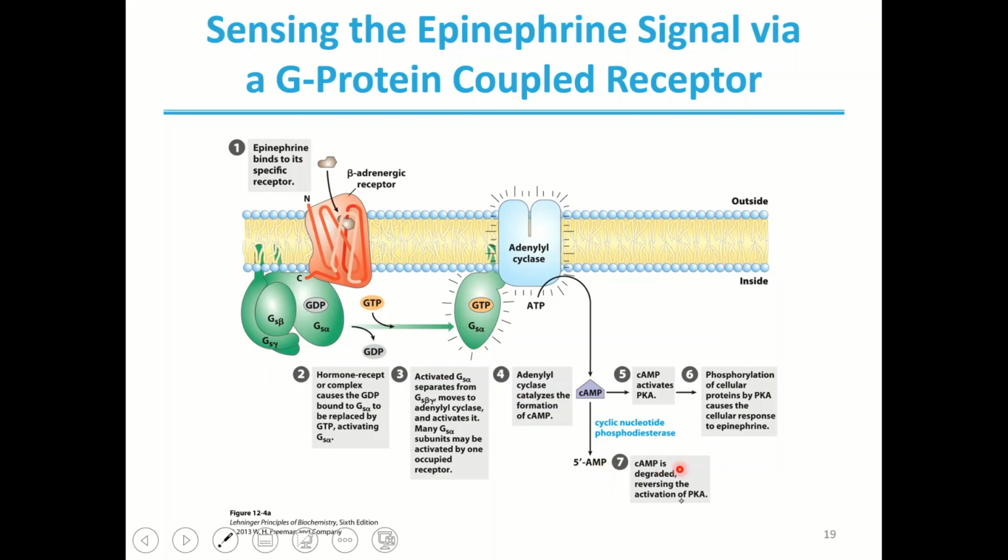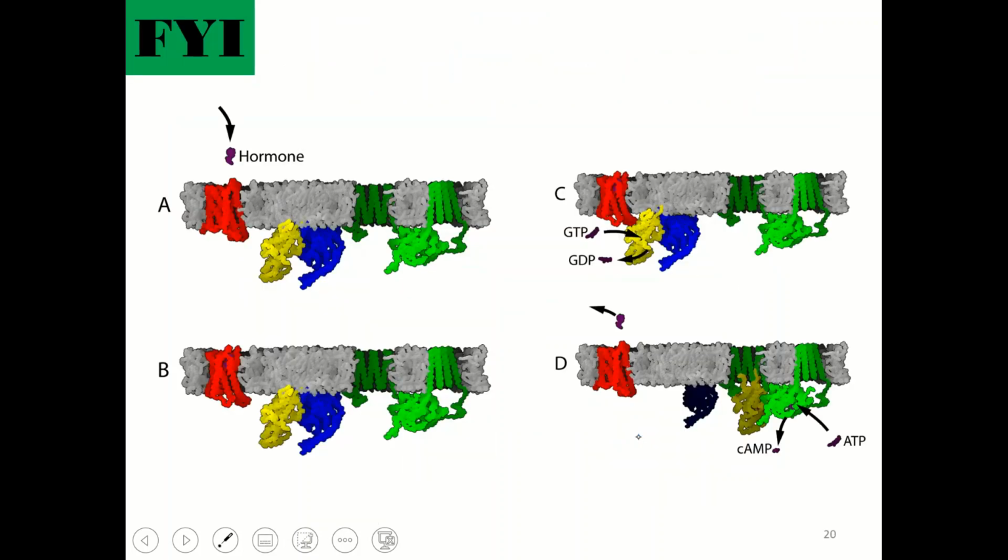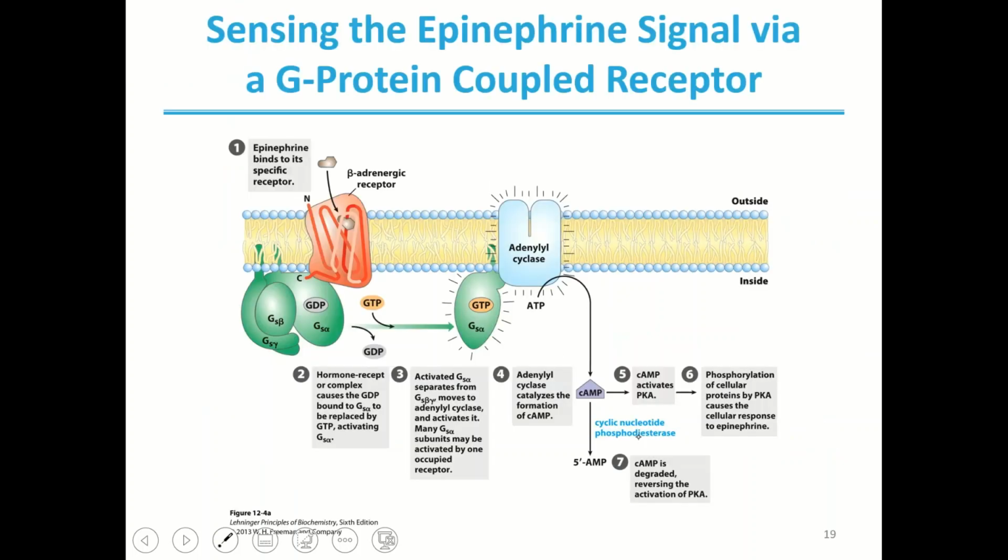The last step here is that cyclic AMP is then degraded, and that reverses the activation of PKA. And we'll look at some of these steps in a little bit more detail here.